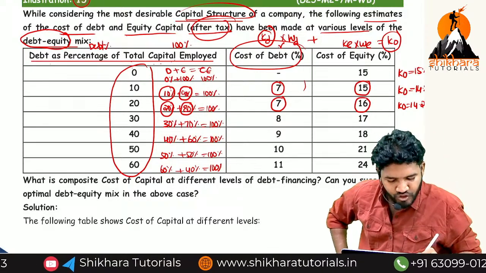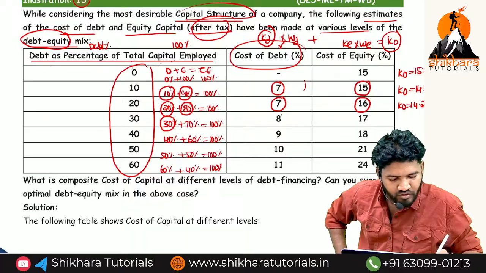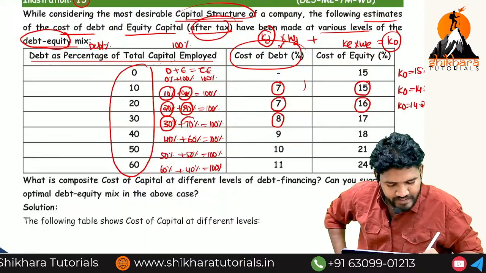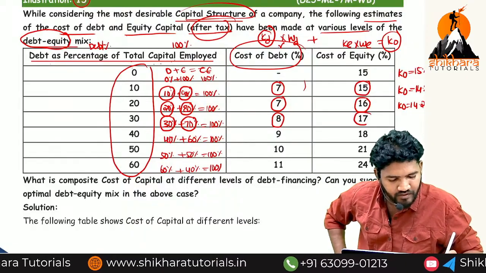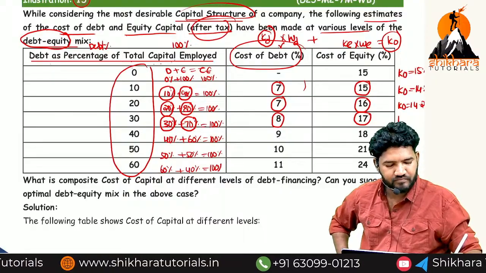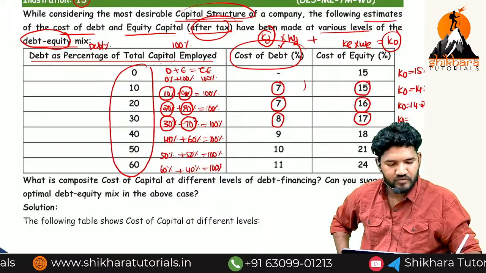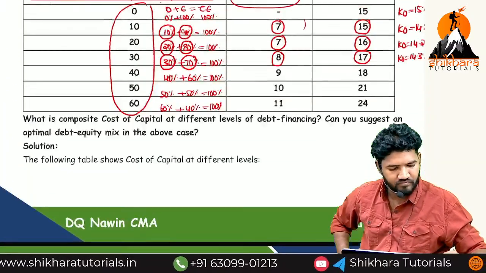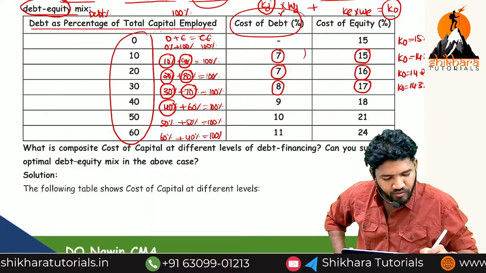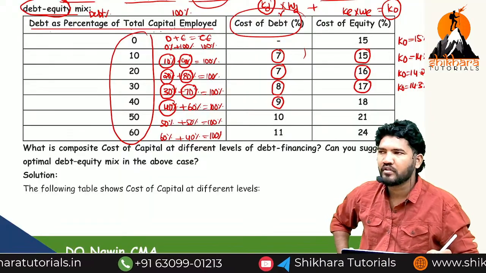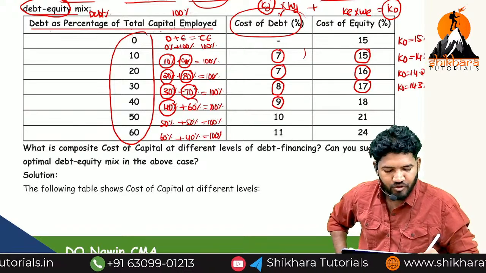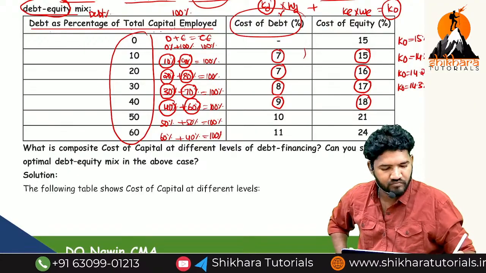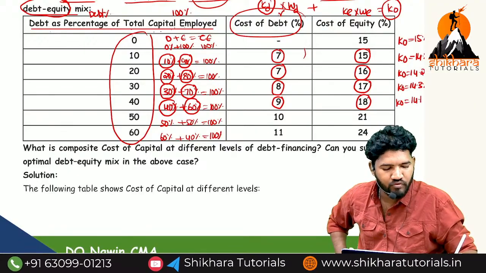Next 0.3 into 0.08 M plus 0.7 into 0.17 M plus MRC, 14.3%. 0.4 into 0.09 M plus 0.6 into 0.18 M plus MRC, 14.4%.